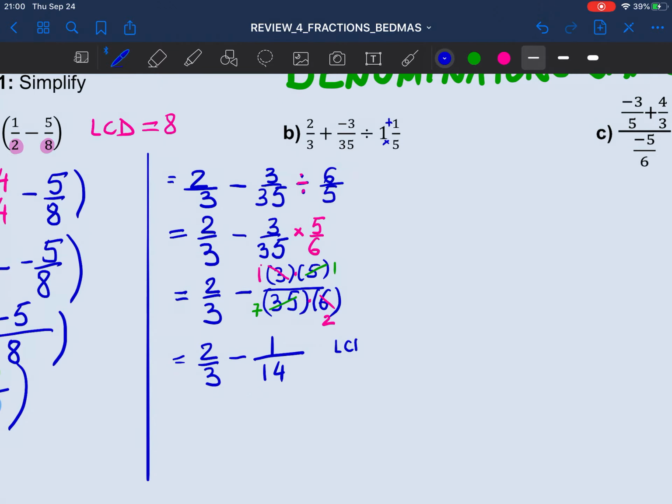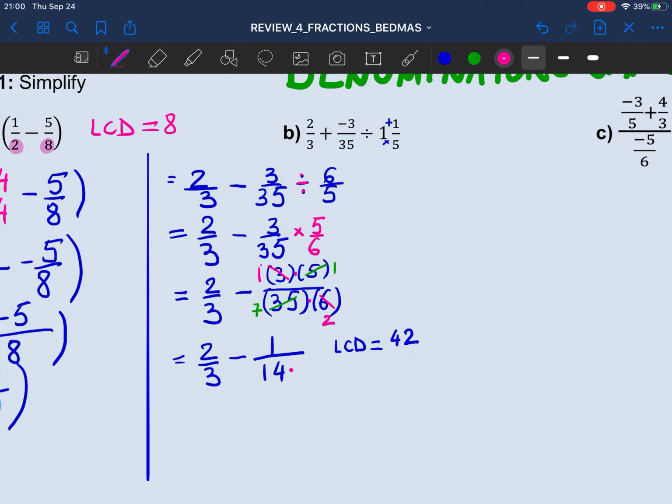We need to find the lowest common denominator to be able to subtract. Since 3 and 14 don't have any prime factors in common, the lowest common denominator will be the product of the two. So that would be 42. We need to change 3 into a 42, and we need to change 14 into a 42.